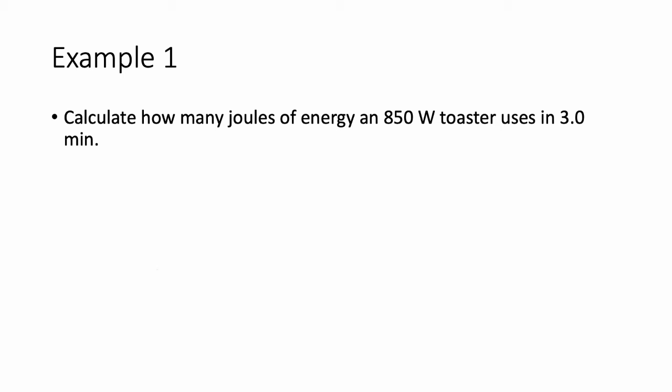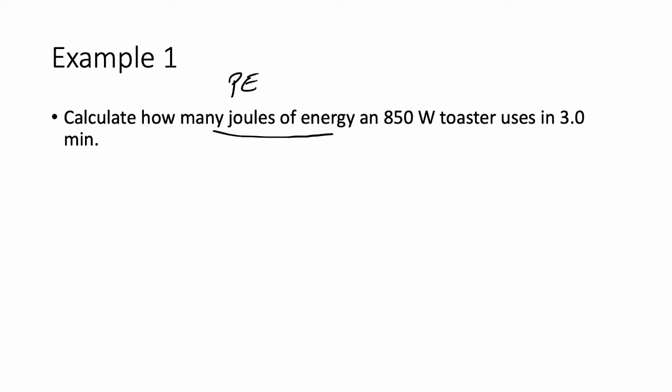All right, so looking at example one. How many joules of energy does an 850 watt toaster use in 3 minutes? So we're looking for joules of energy. PE, we're converting potential energy into work.